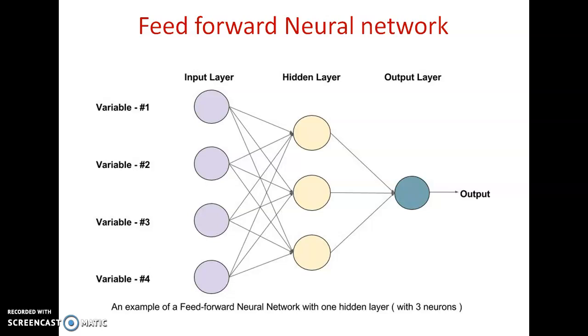Except for the input nodes, each node is a neuron that uses a nonlinear activation function. This function is mainly in either a linear or nonlinear form. Here the multiple layers with nonlinear activation function distinguish the multi-layer perceptron from the linear perceptron, because it can distinguish data that is not linearly separable.